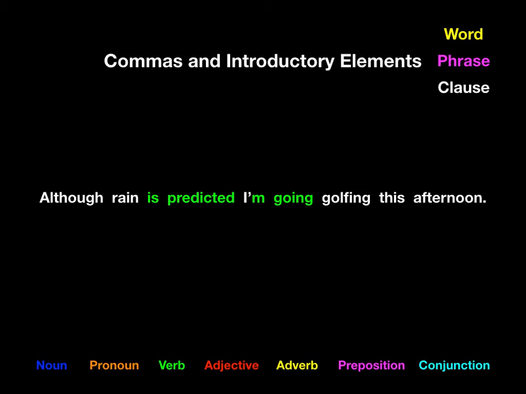Who or what am going golfing this afternoon? I am going golfing this afternoon. Who or what is predicted? Rain is predicted. As we have two subjects and two verbs, we're not dealing with an introductory word or an introductory phrase. We're likely dealing with an introductory clause.